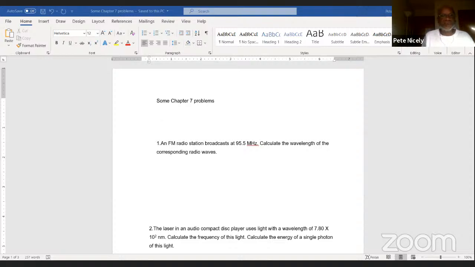E in this case would be equal to h, which is 6.63 times 10 to the minus 34 joules second, times the frequency that we just calculated here, which is 3.85 times 10 to the 14 seconds to the minus 1. So let me do that calculation. 6.63 times 10 to the minus 34, multiplied by 3.85 times 10 to the 14.